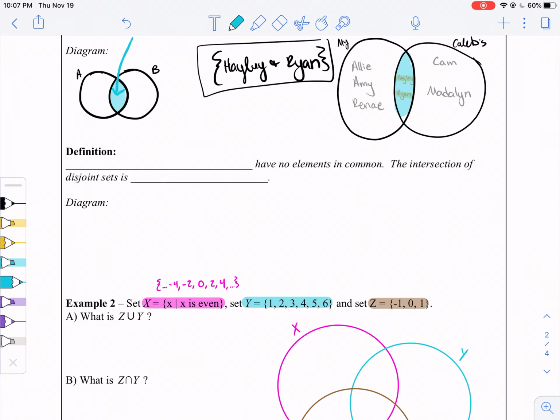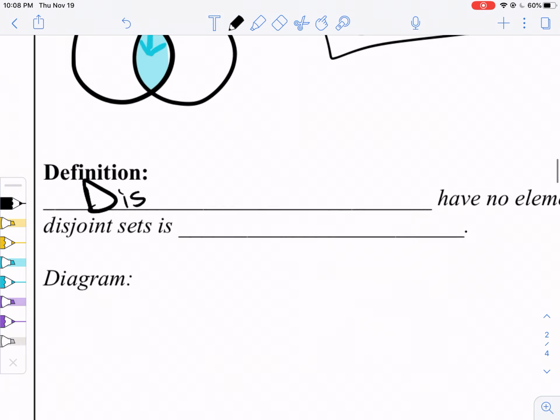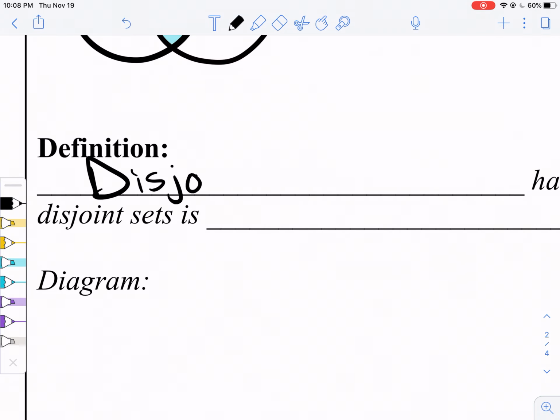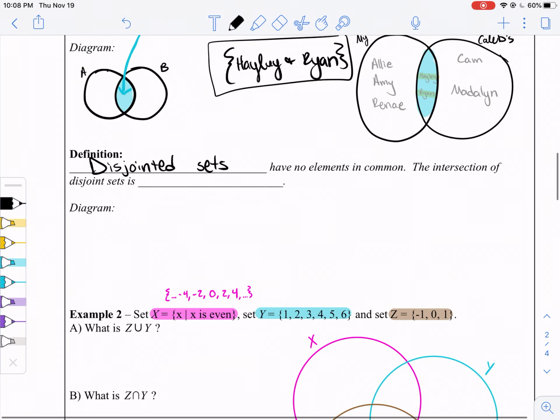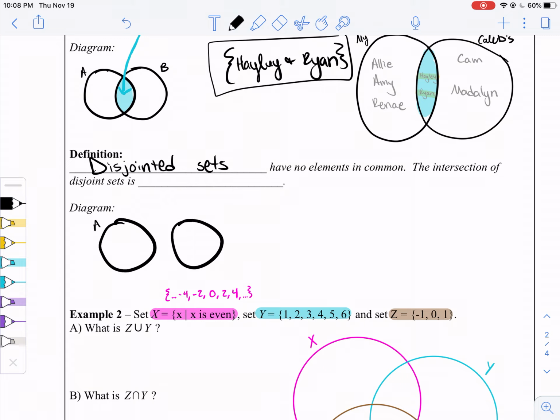Now sometimes you will have what are called disjoint sets. I don't know if you've ever had like a disjointed anything. Like I disjointed my elbow. Ugh, gross. They have no elements in common. They're completely separate. It's kind of the same thing as mutually exclusive events. There's no intersection there. They're done. That's it.